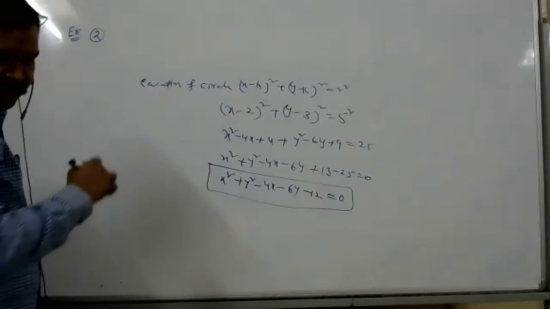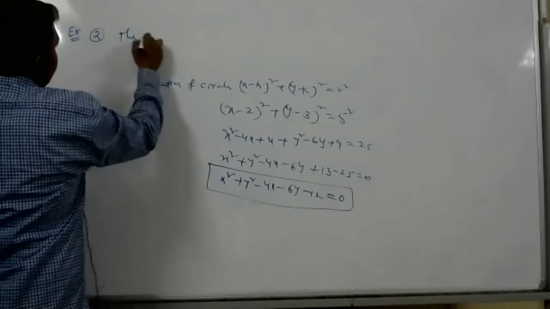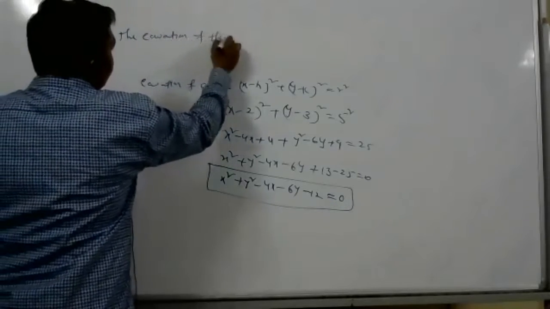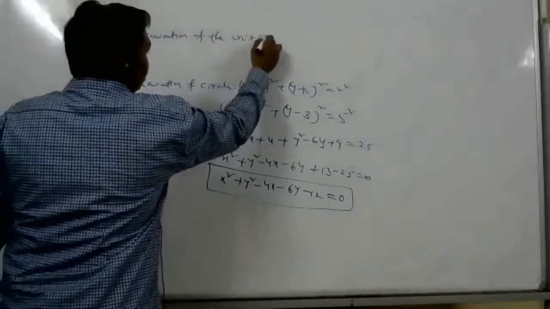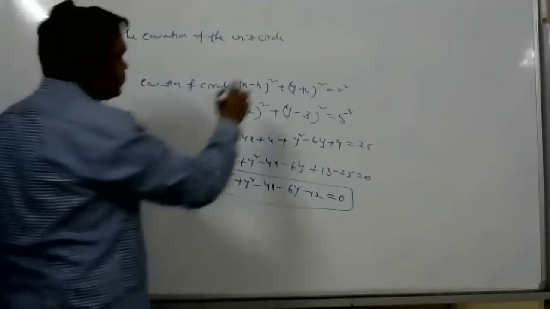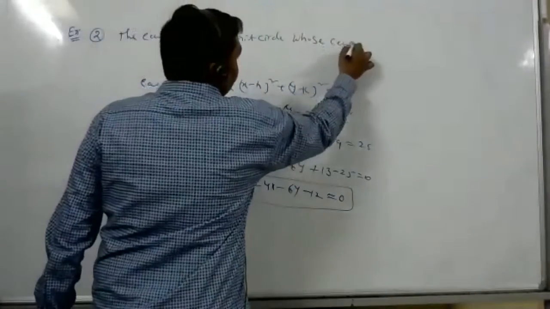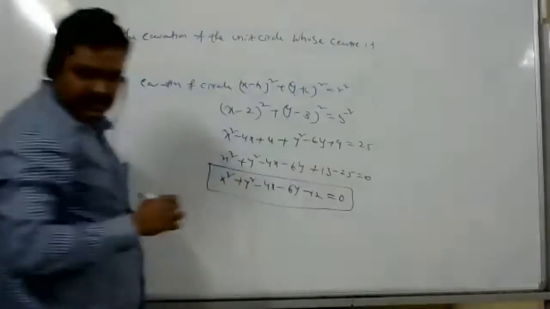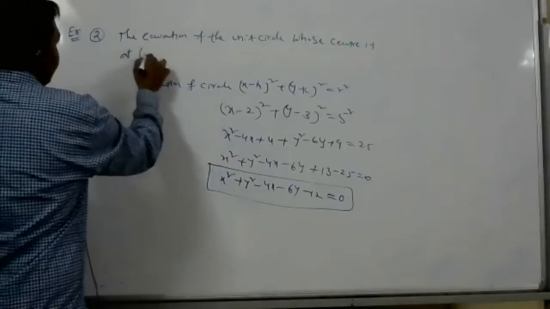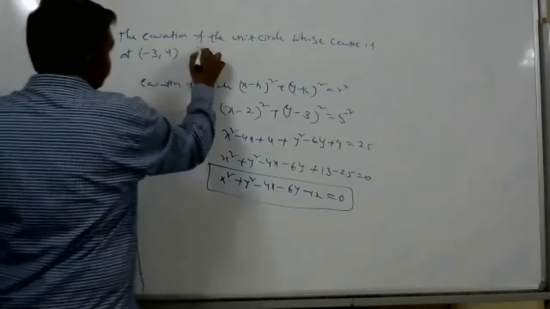The equation of the unit circle whose center is at -3, 4.